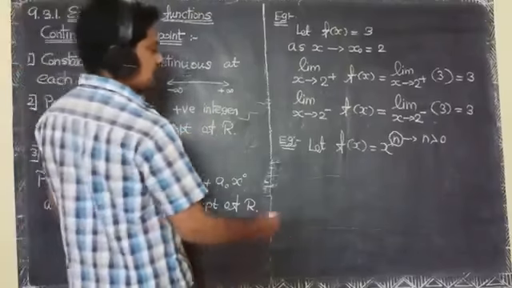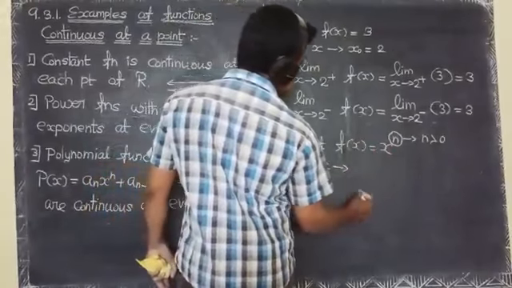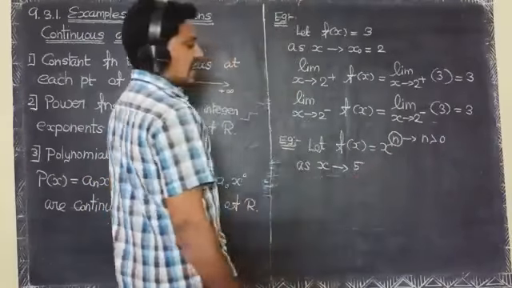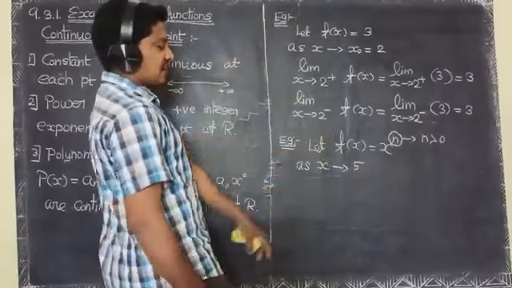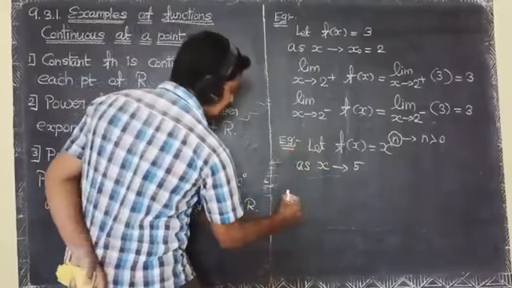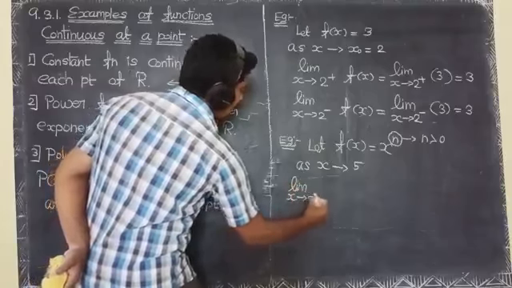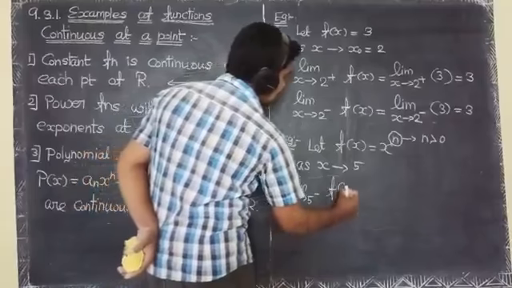For example, as x approaches x naught, that is 5. To find both end values, the limit as x approaches 5 minus of f of x.